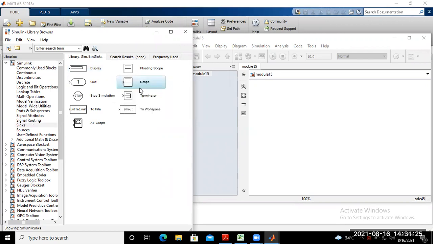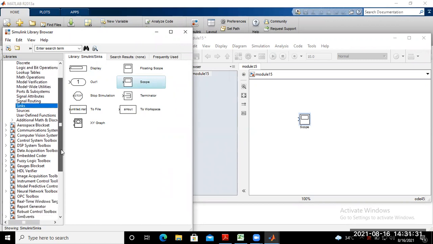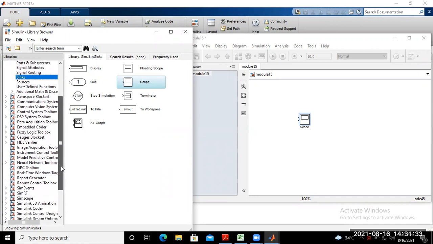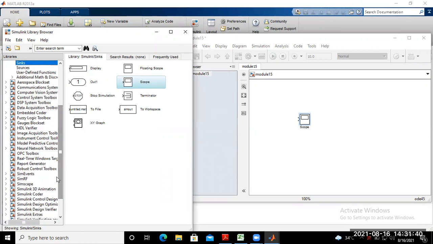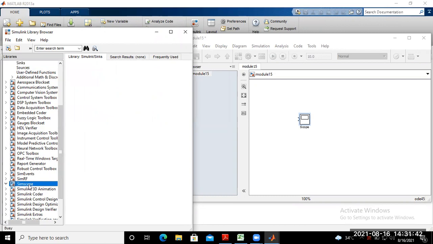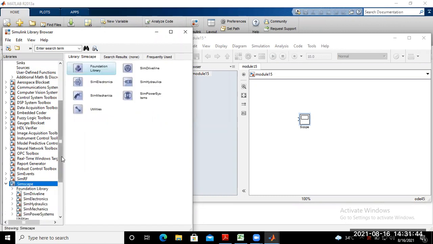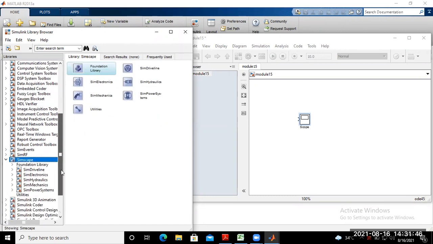Add in model 15, and go to the Simscape. Find here Simscape.